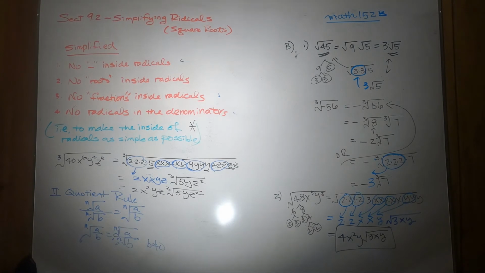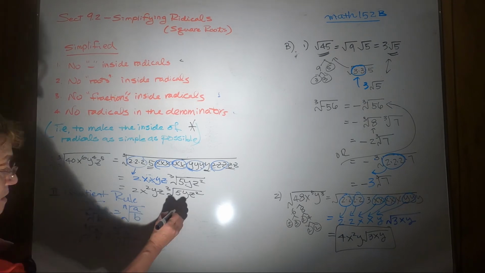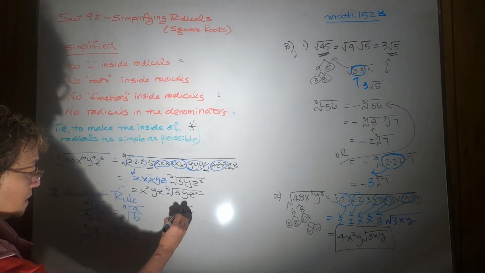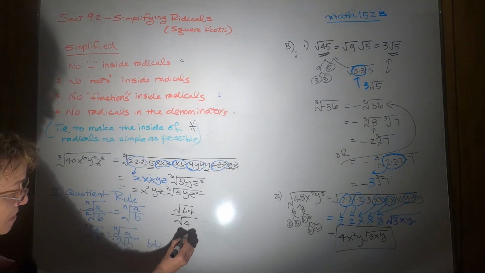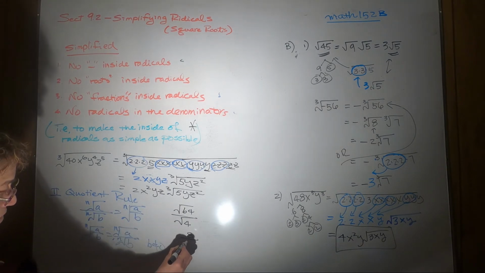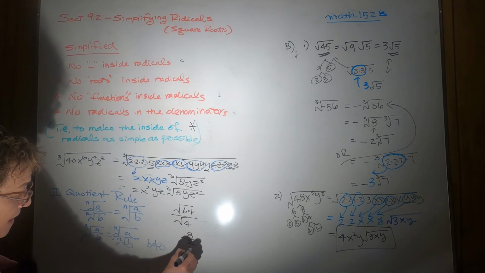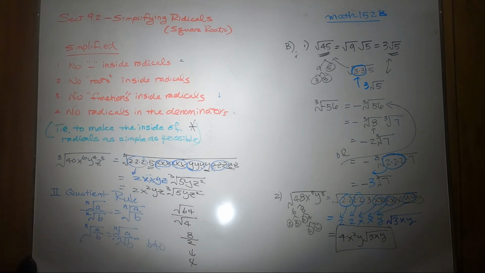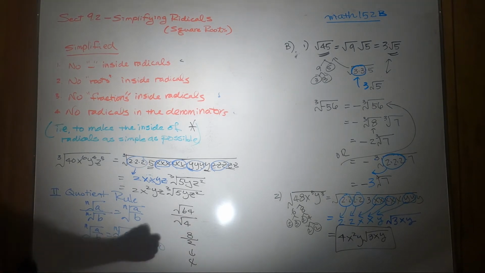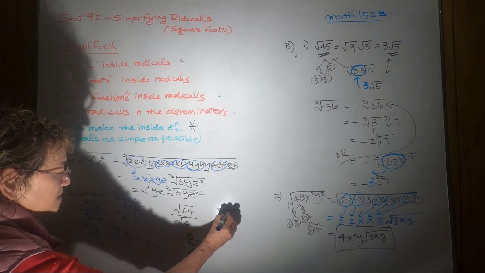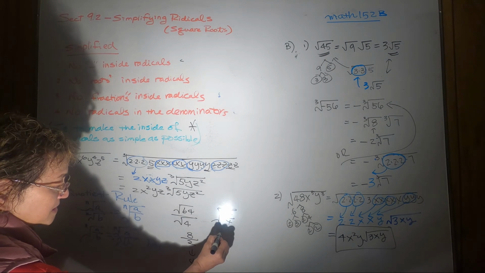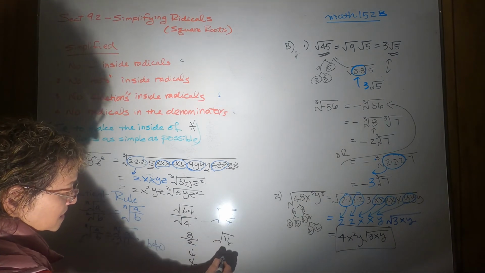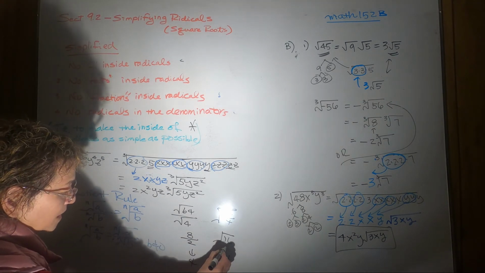So, if you look at some examples, if I have the square root of 64 divided by the square root of 4, right? The square root of 64 is what? 8. The square root of 4 is 2. Then you divide them, end up with 4, right? What happens if you combine them? 64 divided by 4, that would be what? 16. The square root of 16 would be what? 4, right?